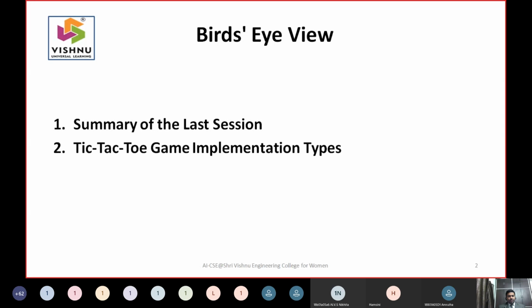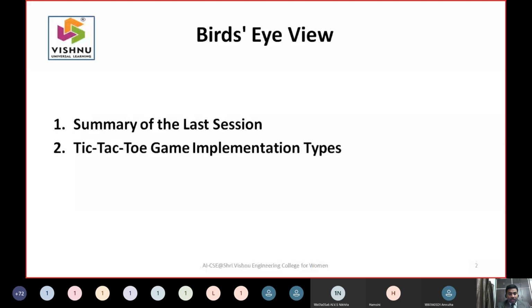The number of values that you can keep in them is 3: it can be blank, player A or player B, because 2 people are playing. Whenever a cell is free, you can mark it as blank. We will see an introduction to the tic-tac-toe game and the implementation aspect: how can you implement it, why is this game very important, and what are the different ways of implementation? That's what we are going to do.